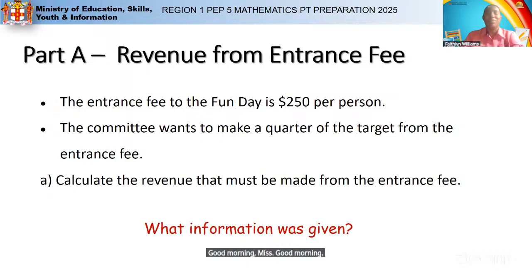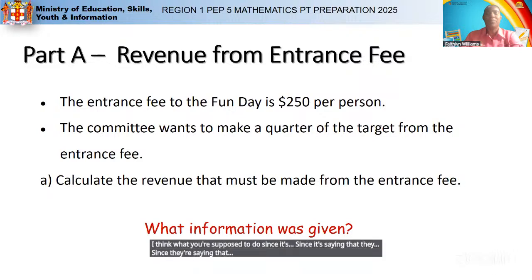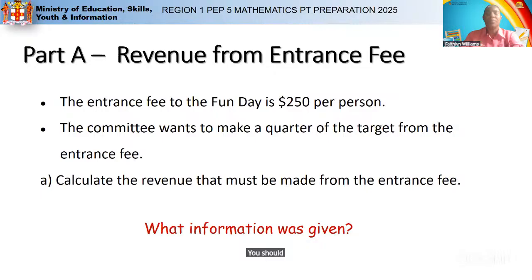I think what you're supposed to do, since they're saying that they want to raise 60,000 and you want a quarter of it, and a quarter of 60,000 is 15,000, you should find what 250 times what gives you.